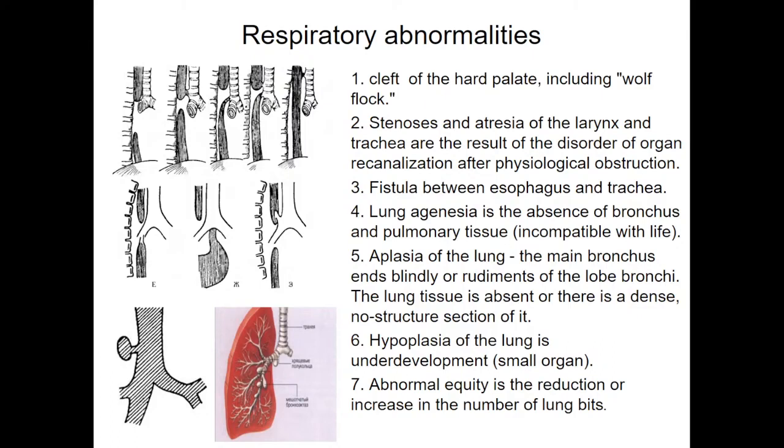Aplasia of the lung: the main bronchus ends blindly or has rudiments of the lower bronchi. The lung tissue is absent or there is a dense, non-structured section of it. Hypoplasia of the lung is an underdeveloped, small organ. Abnormal number of lobes is a reduction or increase in the number of lung lobes.